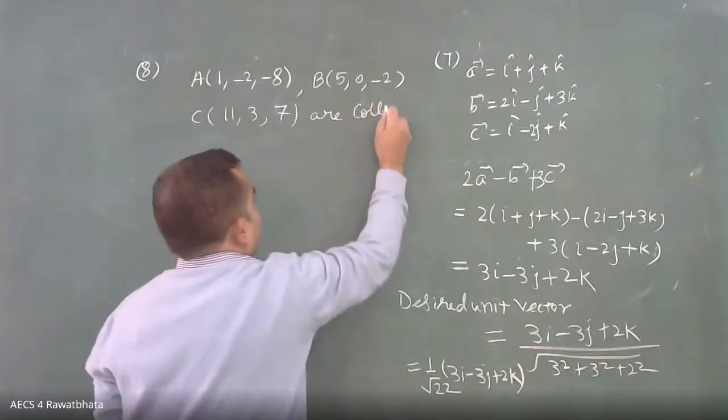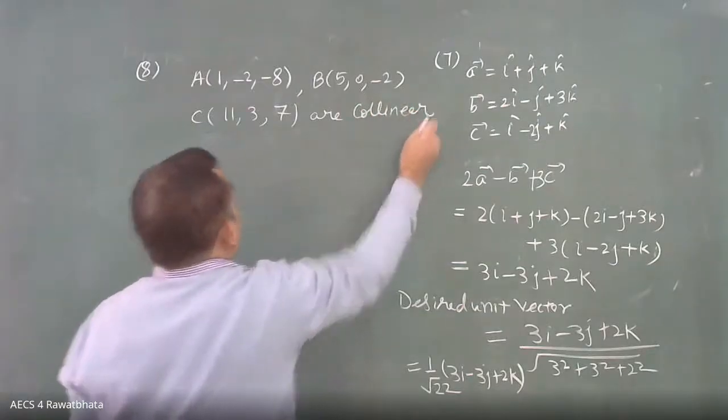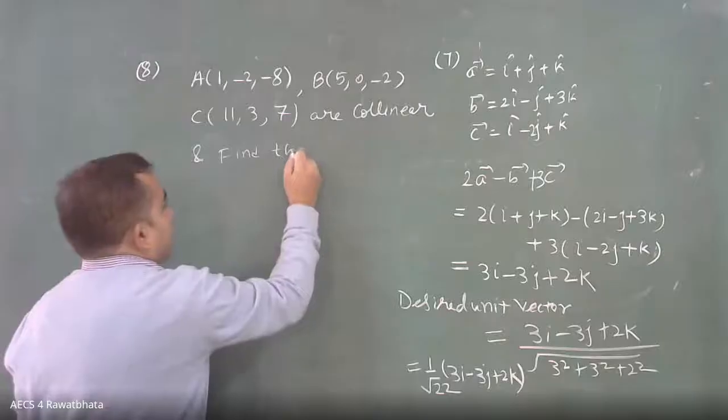We have to show that they are collinear. Check that the points written on the board are right or not. And find the ratio in which B divides AC.